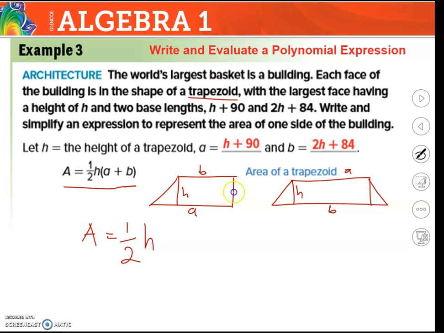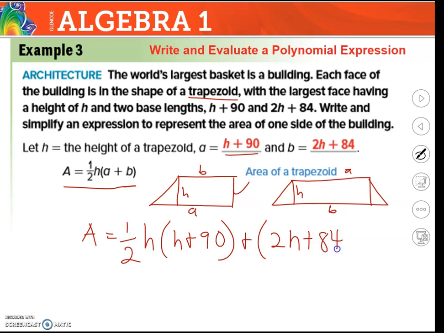So we're choosing one. Let us choose this. So we have A. What is A? A is giving us H plus 90. So H plus 90 plus B, which is 2H plus 84. Now in solving for this, first the addition, we are going to have area, which is 1 over 2H.